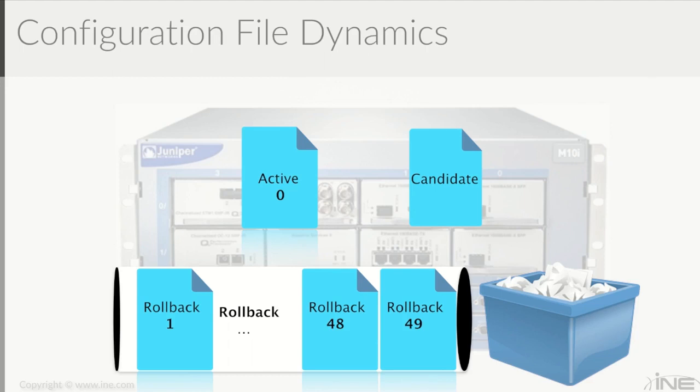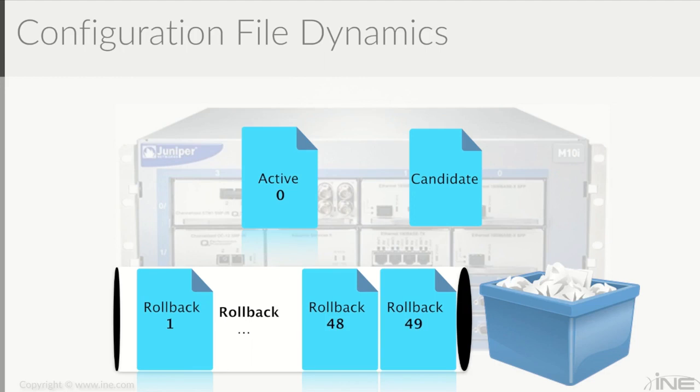The candidate configuration is, so to speak, a draft. Whenever you enter configuration mode in a Junos device, you're entering the candidate configuration. As opposed to other vendors, what you're doing here is not impacting the operation of the device in real time.